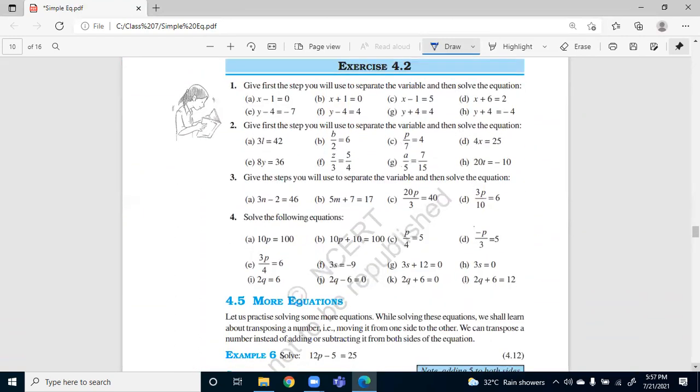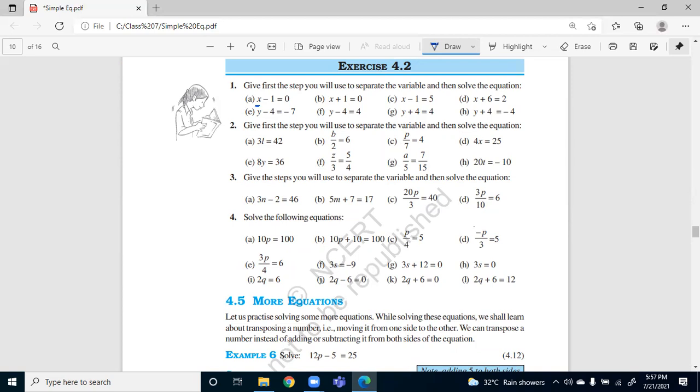So now we are on exercise 4.2 and I will tell you how to solve the first part. Then I assume that you will do it. You have to give the first step you will use to separate the variable and then solve the equation. So see, I have to separate the variable. What should be the first step?